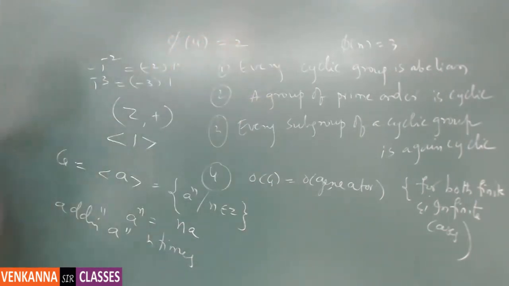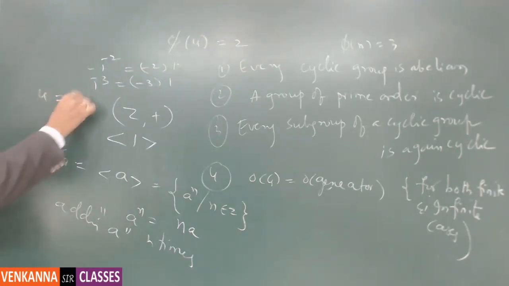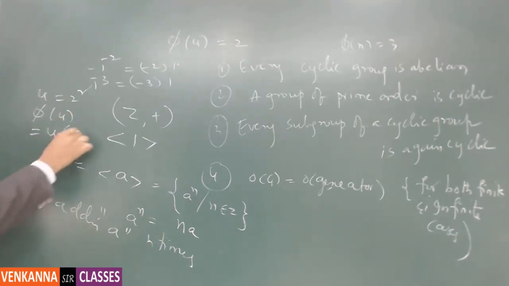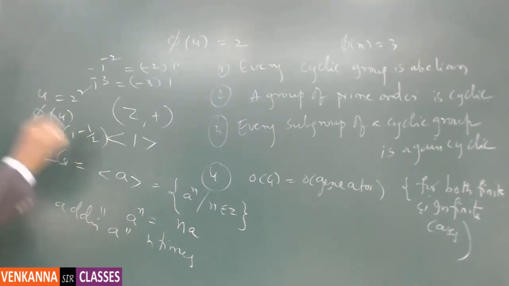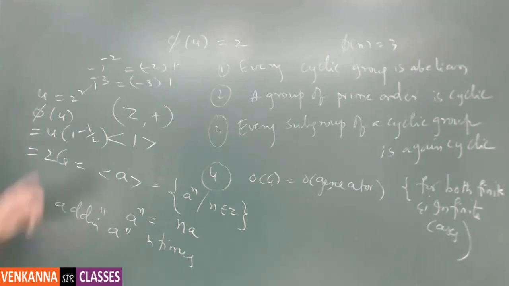Phi of 4 is equal to 2, because 4 is nothing but 2 square. So phi of 4 is equal to 4 into 1 minus 1 by 2, which is equal to 2. So you will get 2 generators only, as per the formula. So are you feeling that you will get 3 generators for this set?